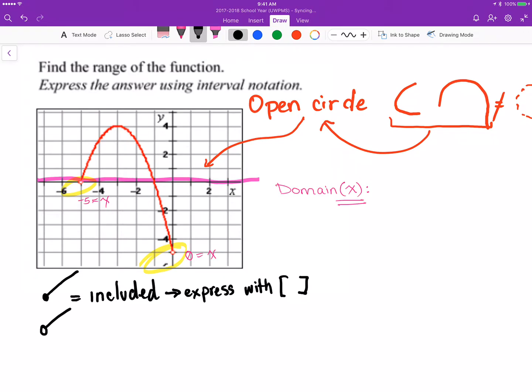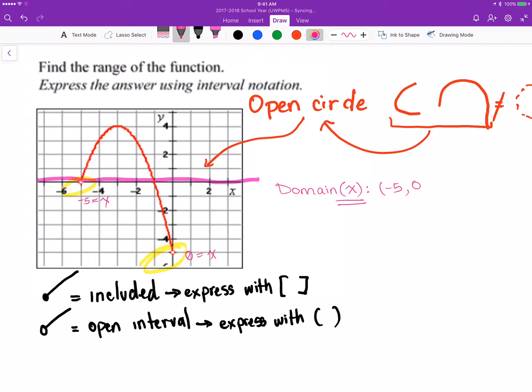And that is open interval. These are intervals. You express with parentheses. Okay, so our domain here is from -5 to 0.